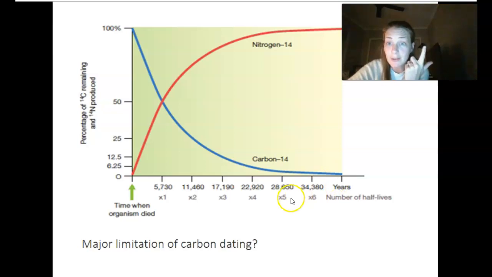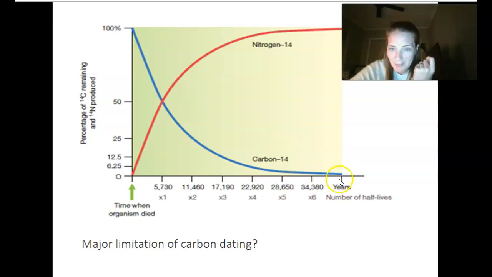And it's very accurate. Carbon dating is a really accurate form of dating. We can narrow things down to within a range of a year. So that scale is really quite small. So it's very accurate, and you can test the actual fossil itself. So that makes it very useful.